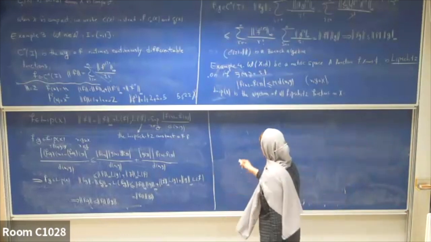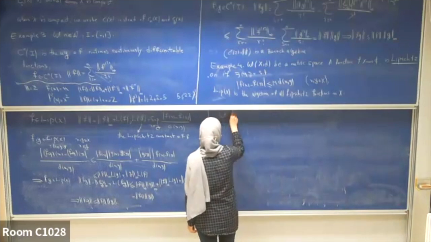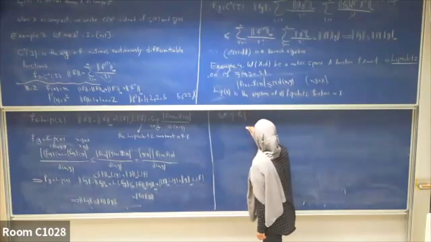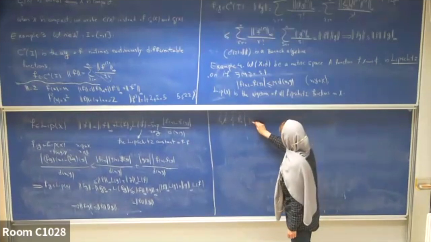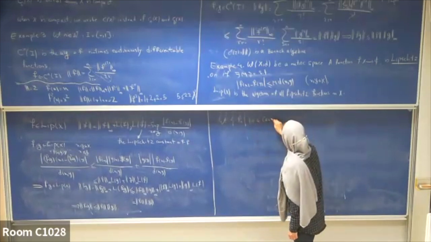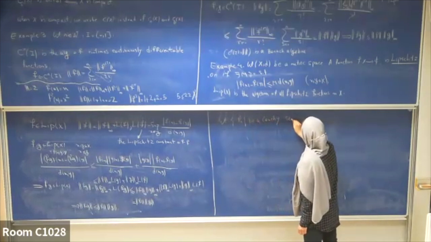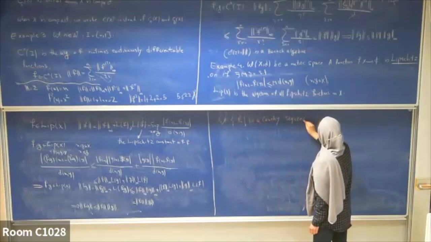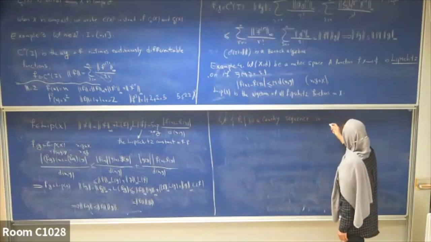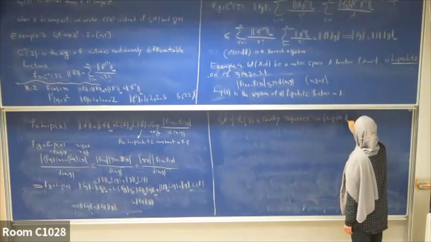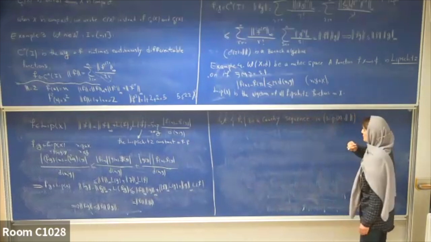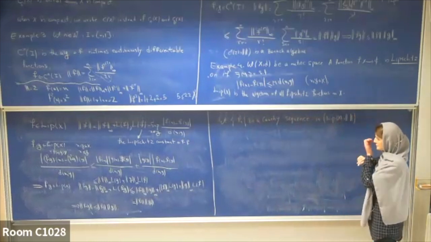Let f_n be a Cauchy sequence in Lip(X) with the Lipschitz norm, the supremum norm plus the Lipschitz constant.